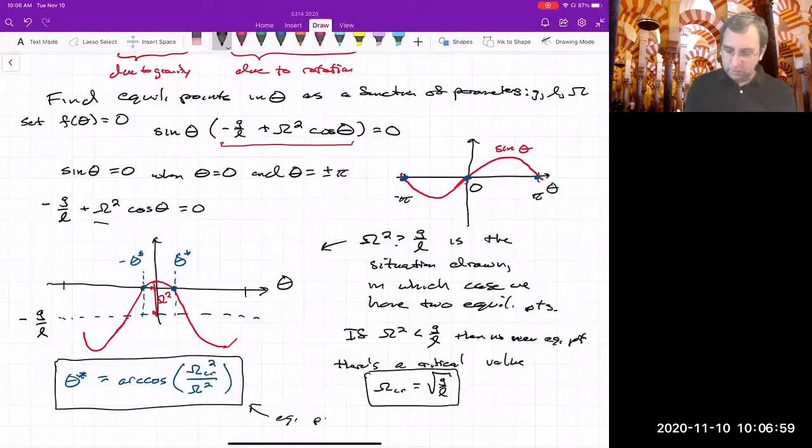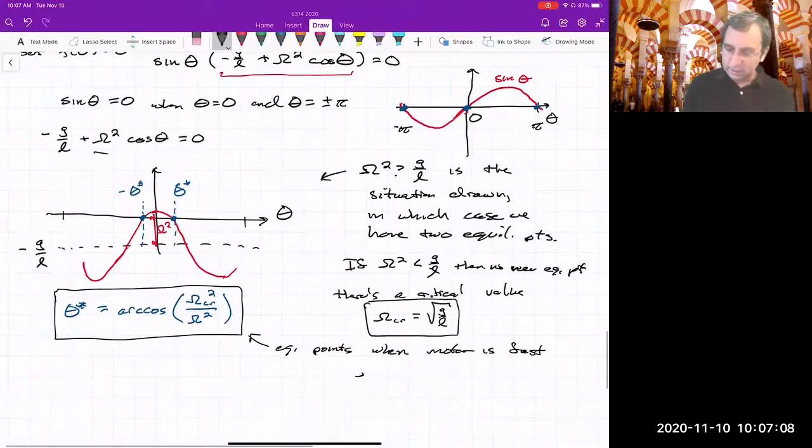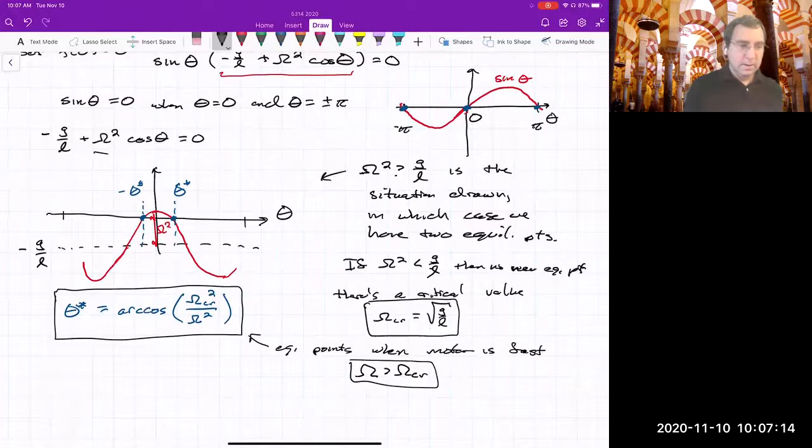So equilibrium points when motor is fast, I guess, and that means omega greater than omega critical. Okay. So geometrically, that means when you've got this thing, the flyball governor, there's going to be some equilibrium points.